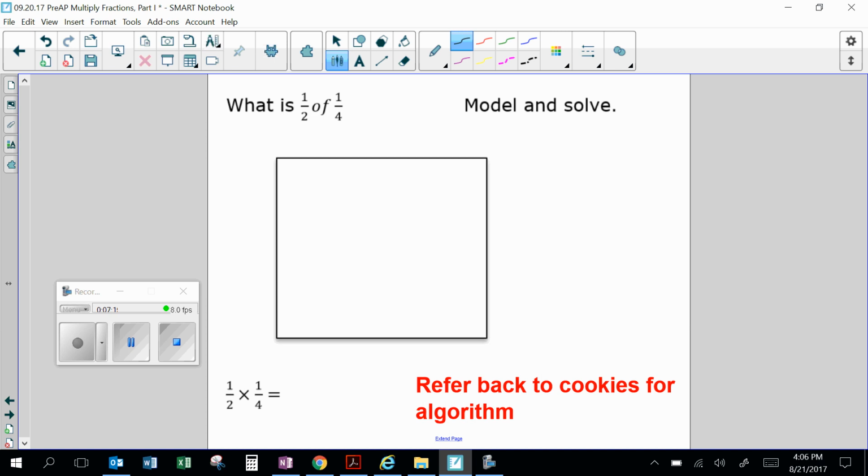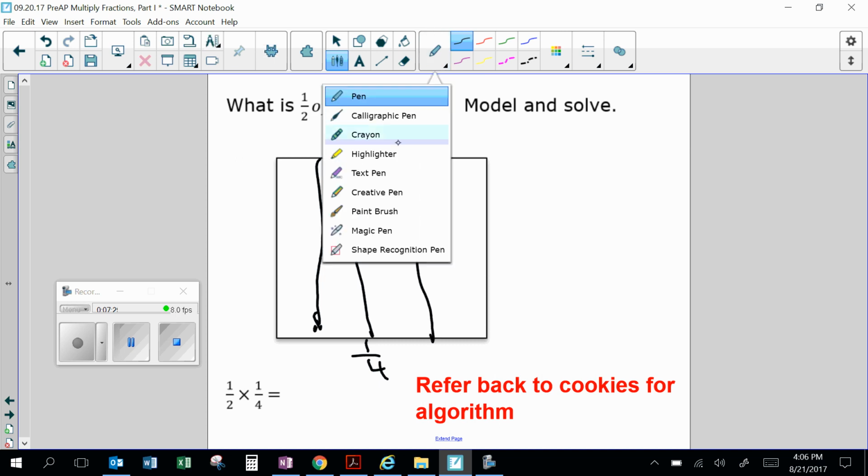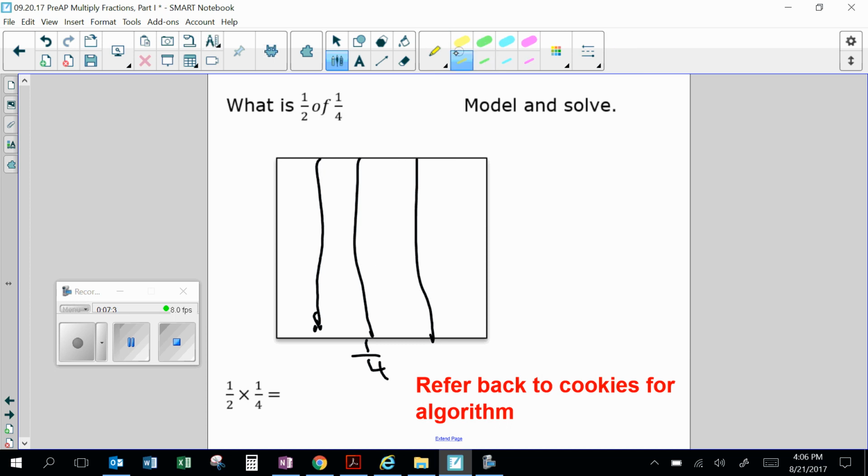What is half of 1/4? So I'm going to divide this into fourths. Let's shade in 1/4. Here is 1/4.